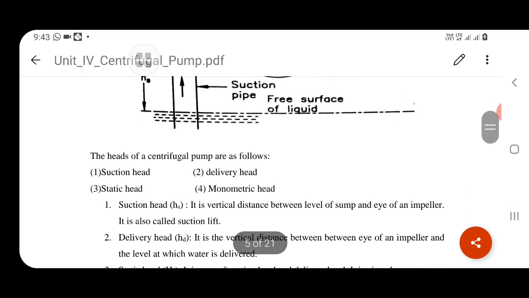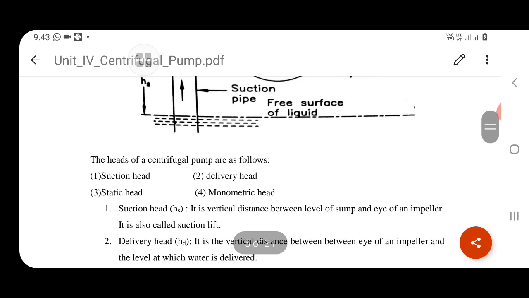So firstly, there are the four heads. Write down the heads: suction head, delivery head, static head, and manometric head. Their names are HS, HD, HA, and HM. So write down firstly the names.